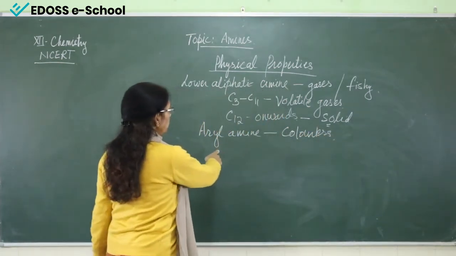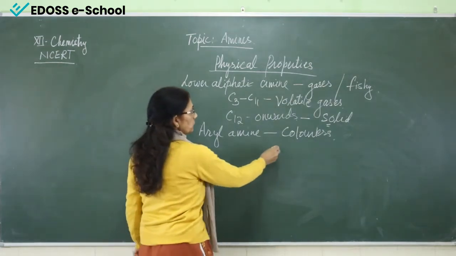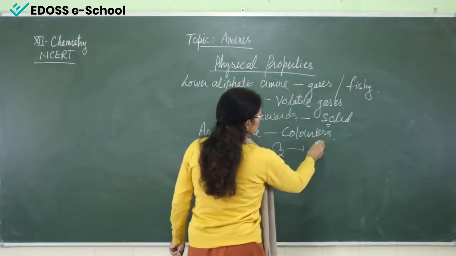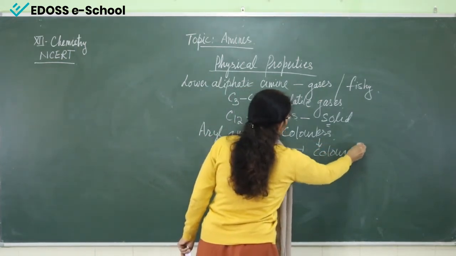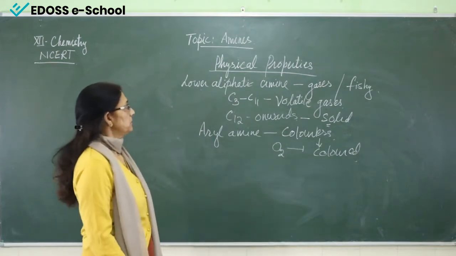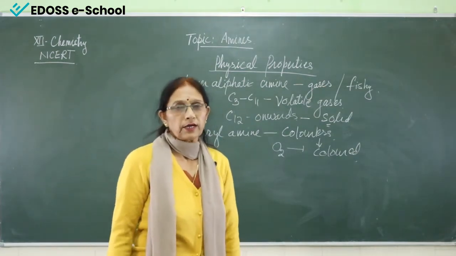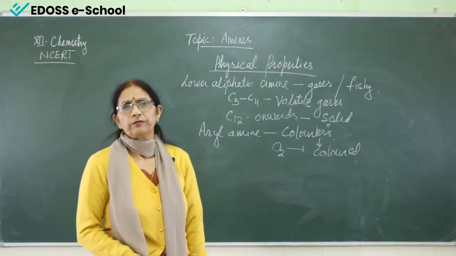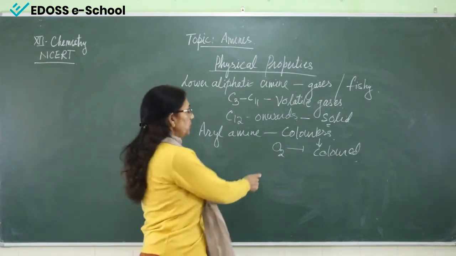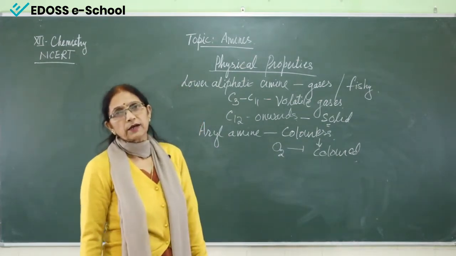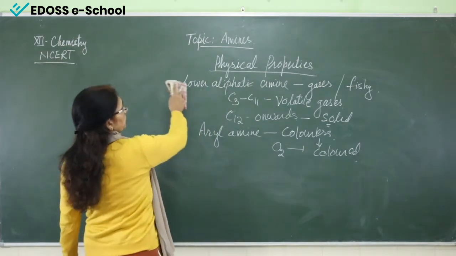But if you store them or keep them open in the air, they immediately react with oxygen and get oxidized, and from colorless they become colored. So this was the first physical property.